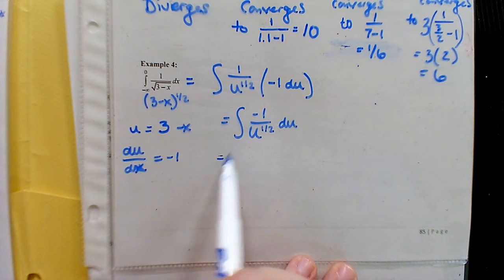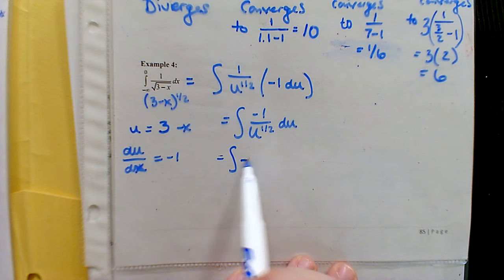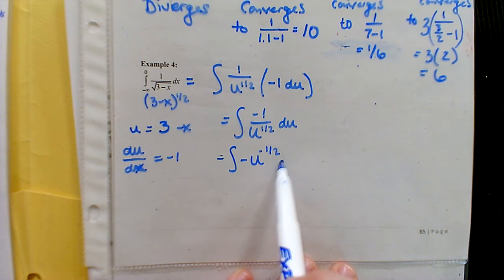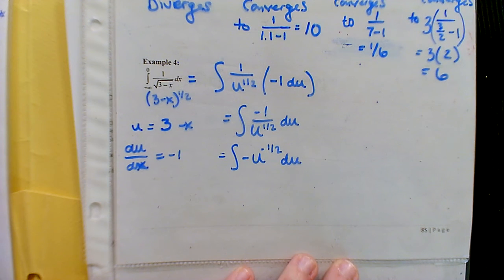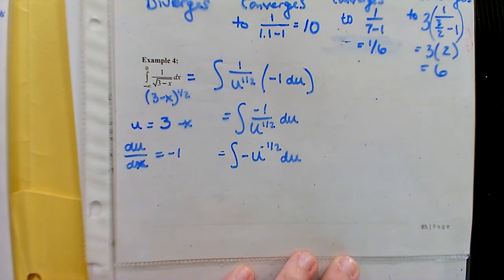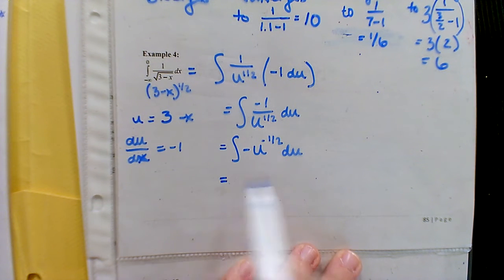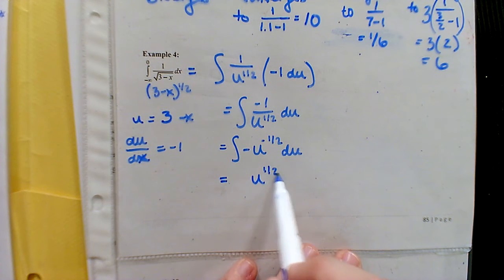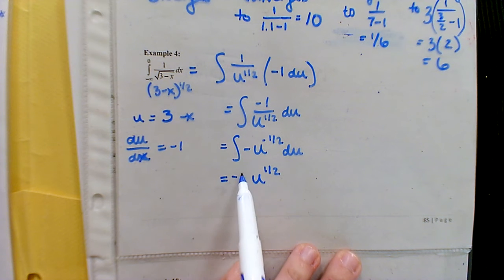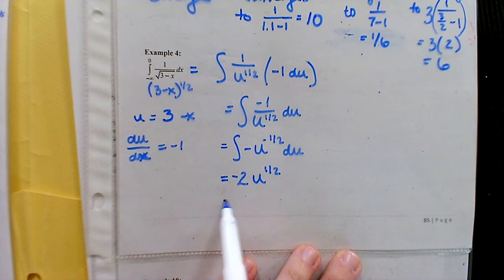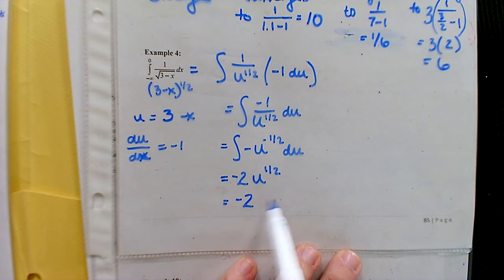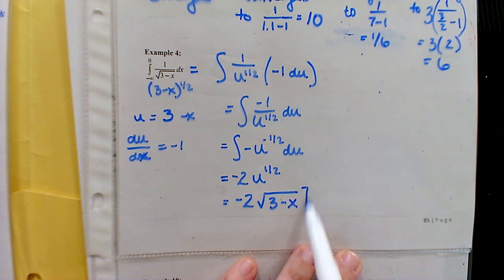Can we work backwards from that? Maybe you want to bring up the power, make it a -1/2. Let's see, add 1 to the power, divide the coefficient by the new power, and we'll substitute in the u.